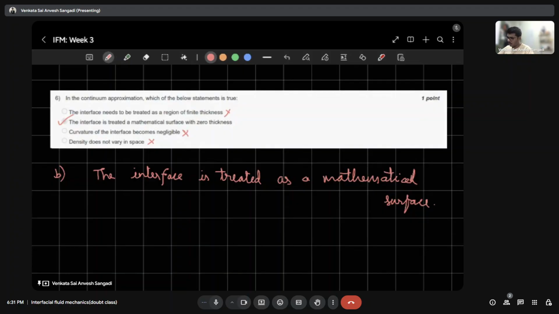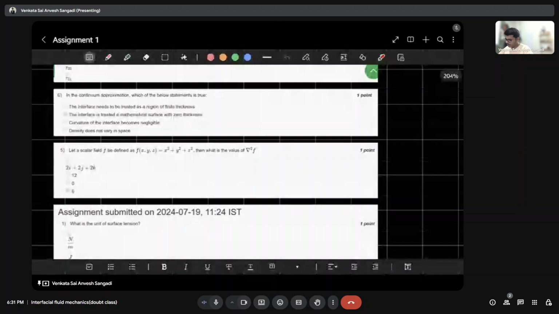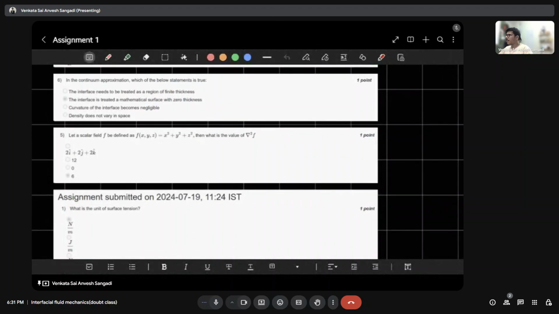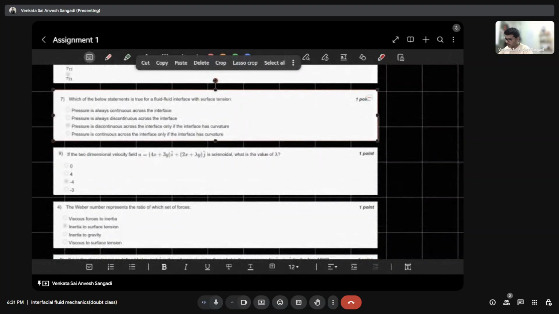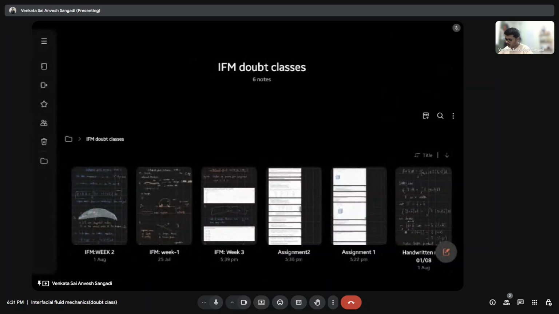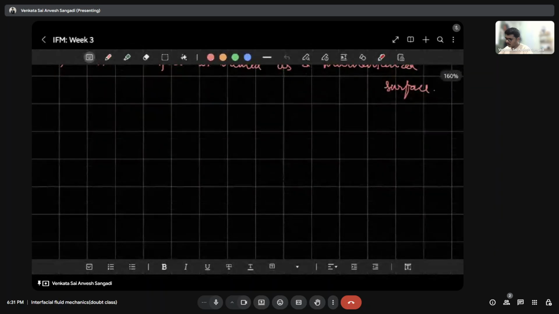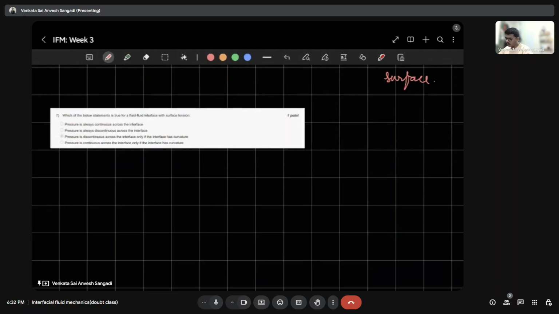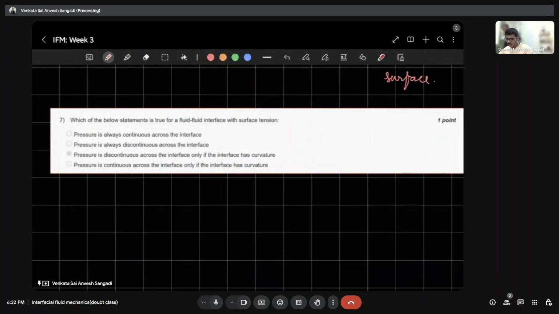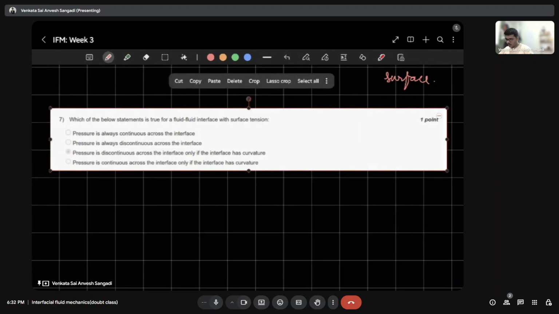So that's the next question. The next question says, which of the below statements is true for a fluid-fluid interface with surface tension?